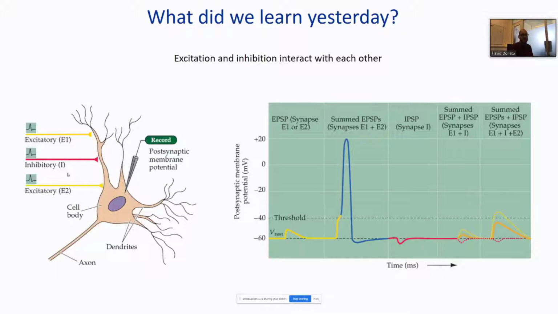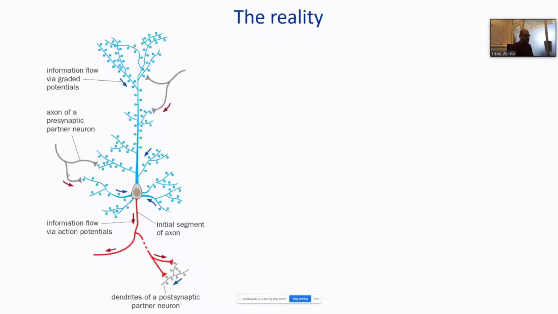And you will see today with your biological neural networks how this is really important in deciding if the neuron will fire or not. But the reality is that yesterday we modeled one neuron, we modeled one area of the axon into an action potential, but this is not the way in which neurons really work.